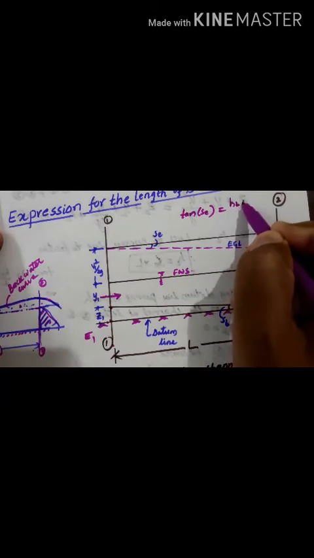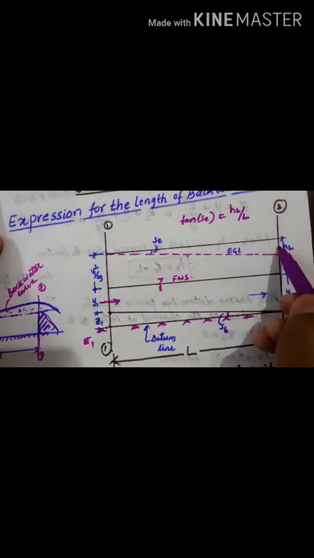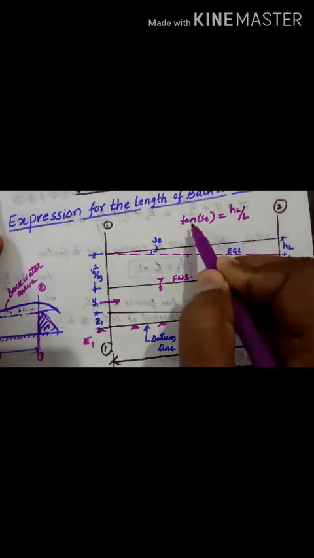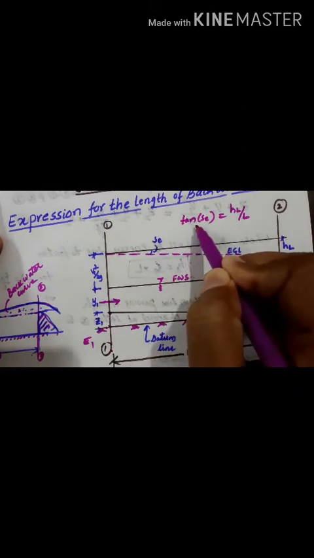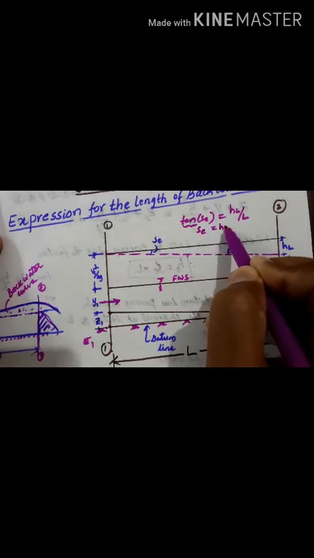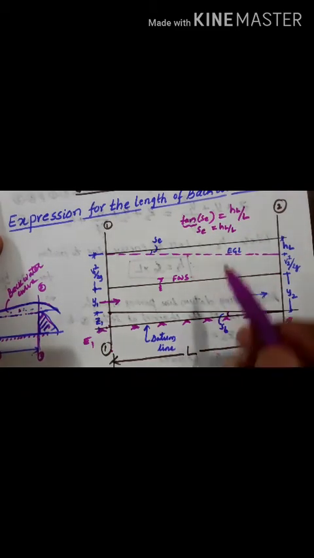Opposite is HL divided by L, and adjacent is L. For a small angle of theta, or you can say the slope is very, very small, we can take this directly, SE equal to HL by L. Then HL will be SE into L. For a small angle, the slope is very small, then the tan of SE will be almost equal to SE.